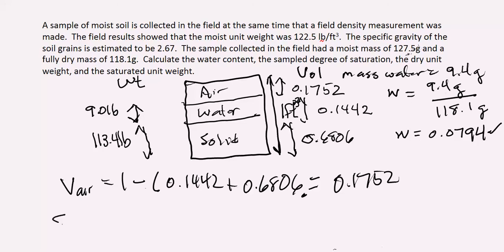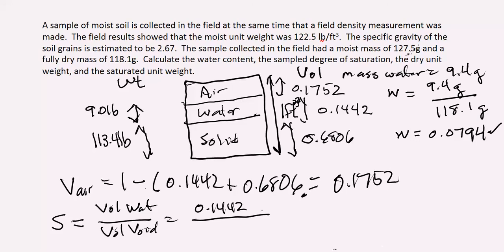And we can get the degree of saturation, and it's just with the big capital S, and that is the volume of the water divided by the volume of the void, and in our case that's equal to 0.1442 divided by the sum of the volume of air and water.